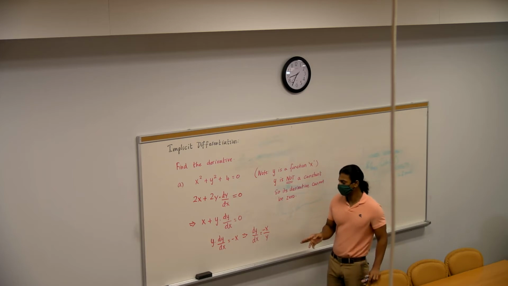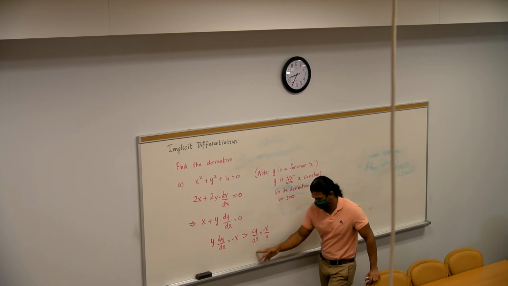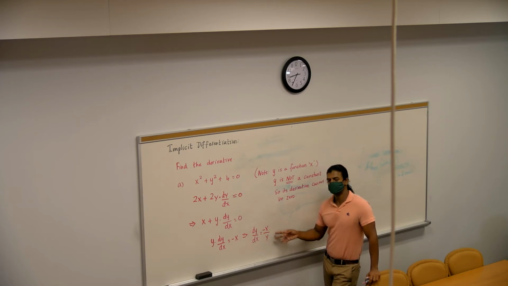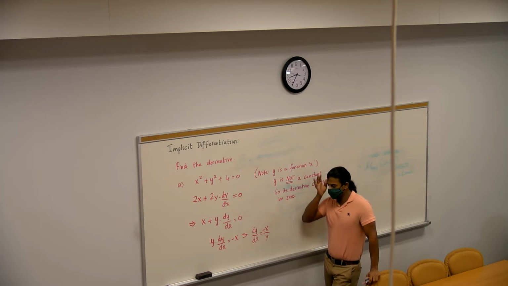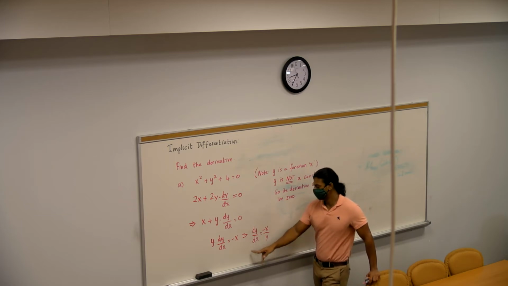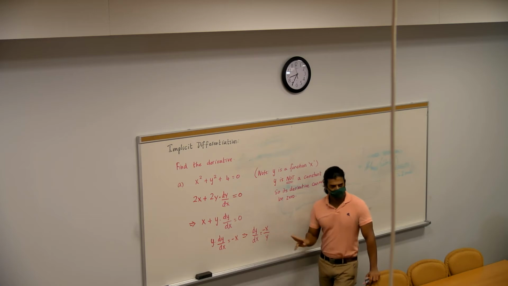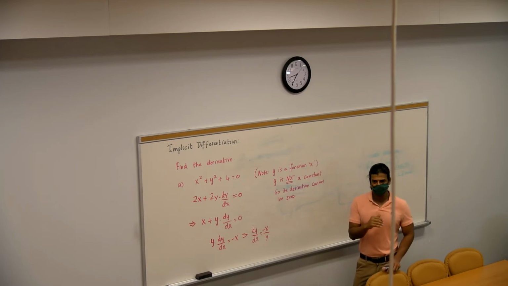The reason why we call it implicit differentiation is because the derivative implicitly depends on y also. Usually when we take the derivative, it's either a constant or 0 or just a function of x. But if the derivative depends on y, then it is implicitly dependent. Does that make sense? Which is why we call this implicit differentiation.